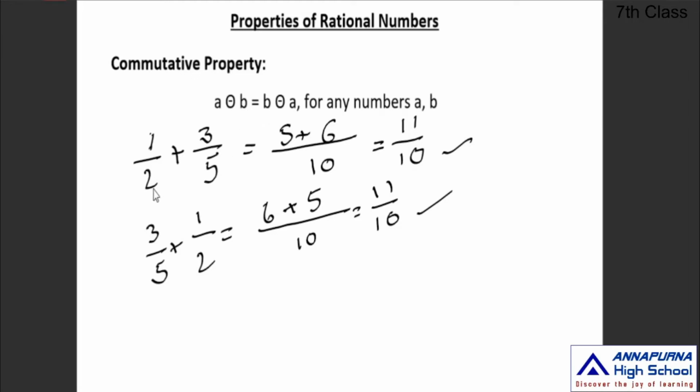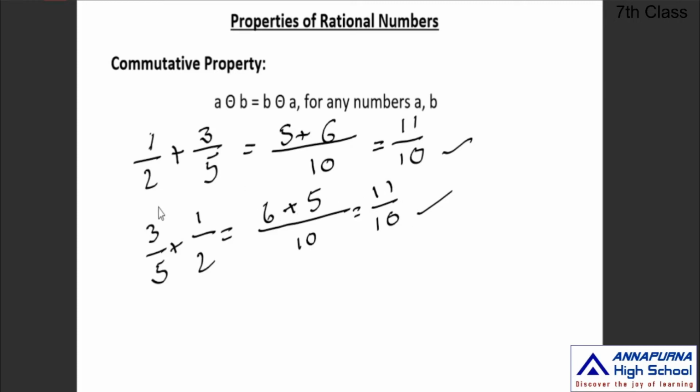For example, 1 by 2 plus 3 by 5 means 3 by 5 is added to 1 by 2, and 3 by 5 plus 1 by 2 means 1 by 2 is added to 3 by 5. If you write these two statements in words, we observe a lot of difference between them. Yes, the result is the same, but the order is different.